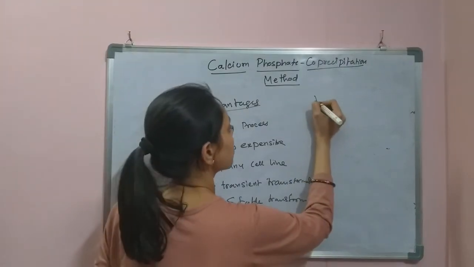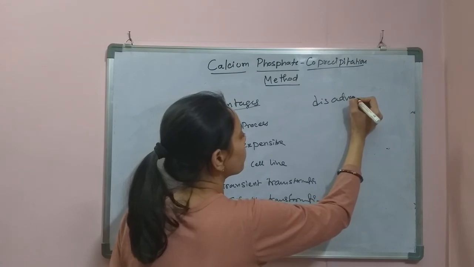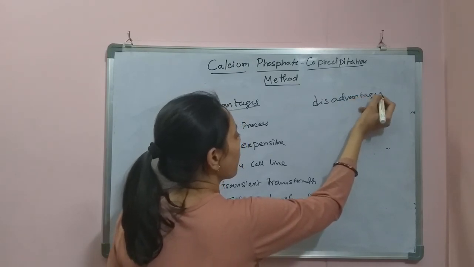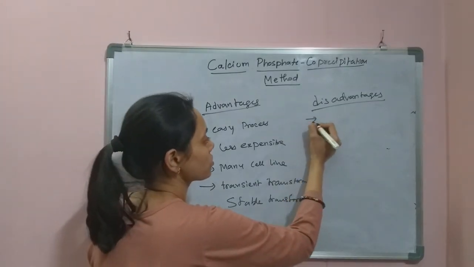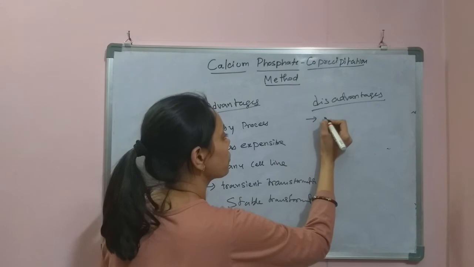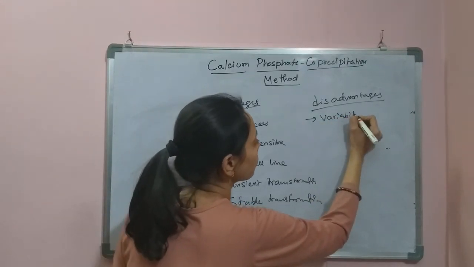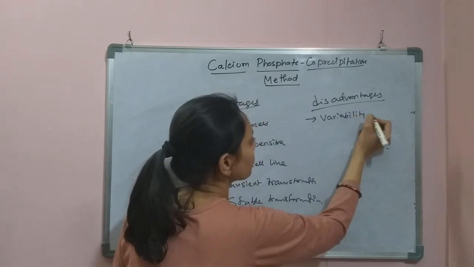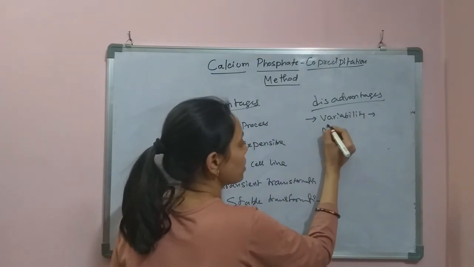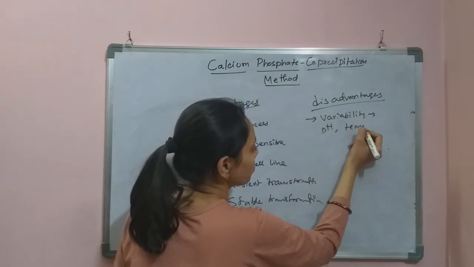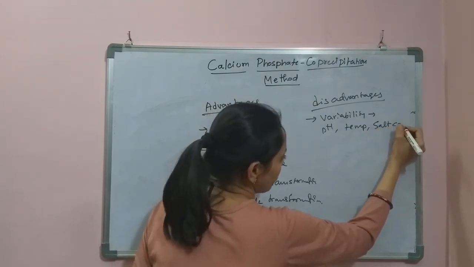Coming to the disadvantages of this method. This method actually suffers with variability. That means it is sensitive towards the changes in pH, temperature, and salt concentrations of the experiment.